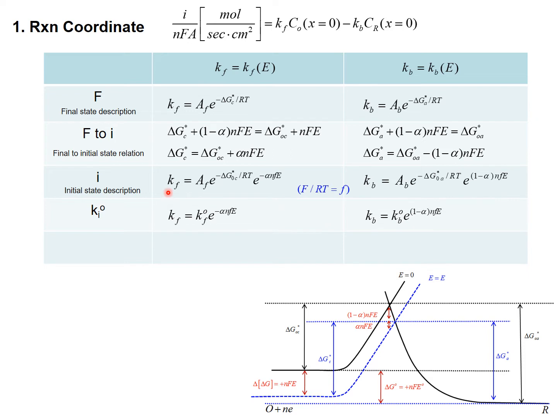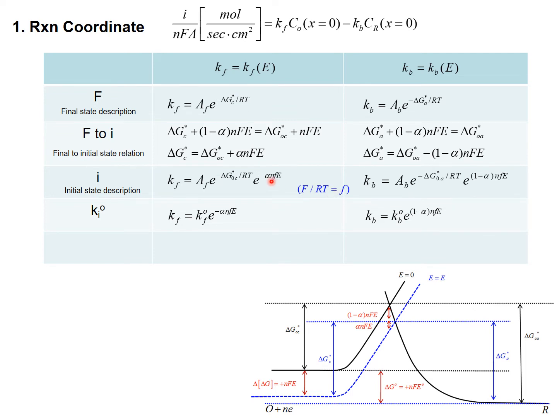So here the rate constant can be described by the initial activation energy with the potential. You can find the small f instead of large F. For simplicity, I have replaced the Faraday constant per ideal gas constant times temperature with the small f.